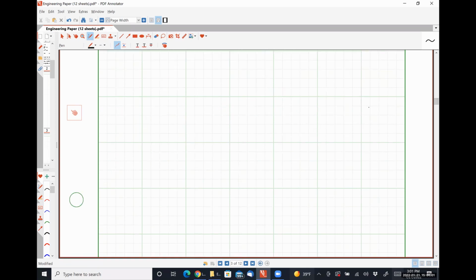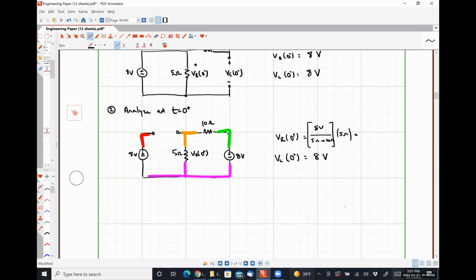And that should just be eight-thirds of a volt, if my mental math is correct, which I believe it to be. We get the same result with voltage division, or any other way we take a crack at it. Okay. So are we satisfied with our analysis at t equals 0 plus? We have our 2 quantities of interest. All right.